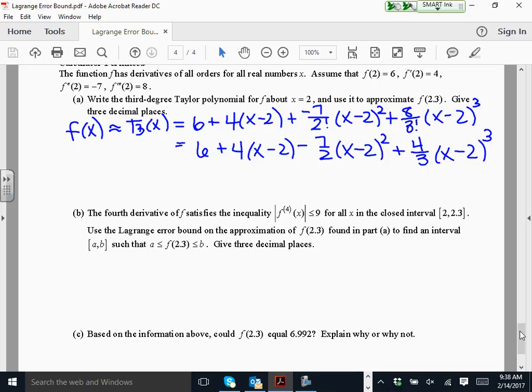This is centered at 2, so when we plug in 2, we get an exact value. That's no fun. We want to approximate 2.3. It's pretty close to 2, so we should get a pretty good approximation. So what I want you to do is plug in 2.3 to that polynomial. What's going to happen every time you take 2.3 minus 2? You get 0.3. So in your calculator, 6 plus 4 times 0.3 minus 7 halves times 0.3 squared, etc.